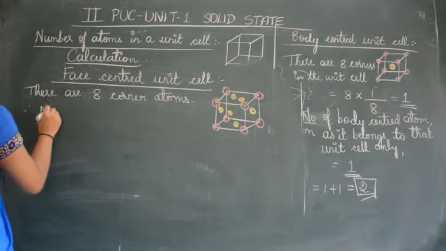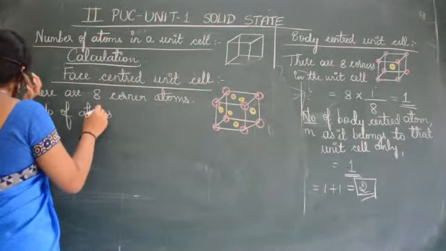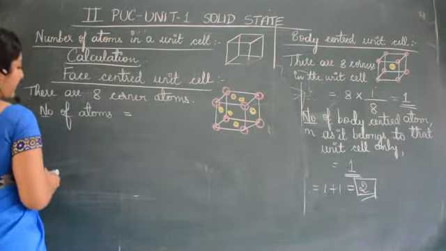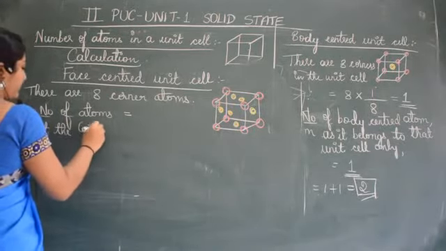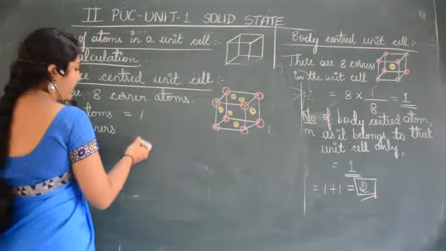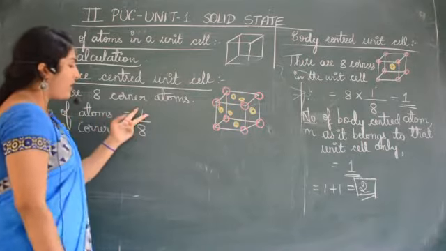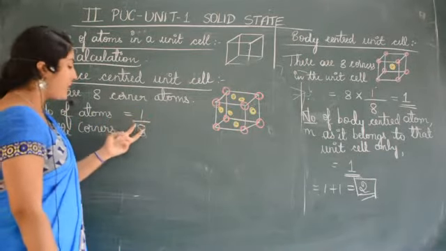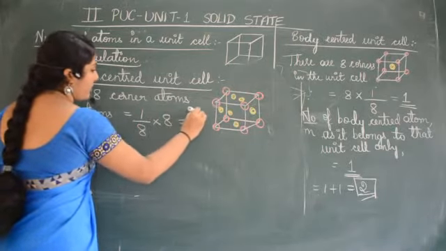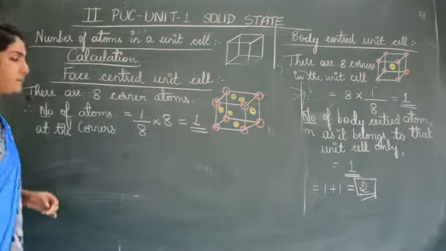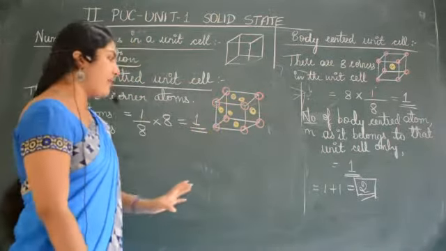Therefore, the number of atoms at the corners is equal to 1 by 8, because each atom is shared by 8 other unit cells, into 8 corners, that is equal to 1. This is clear? No confusion here. For the other one also, we have done the same.